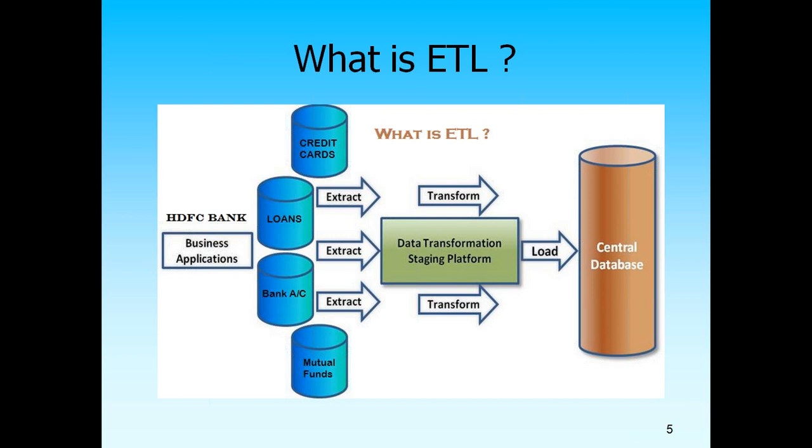What do they need to do now? They need a centralized database, a data warehouse, in order to see all the information of that particular customer: accounts, credit card details, loan details, whatever it may be. All the details in a single place, so that they can track the customers very easily.